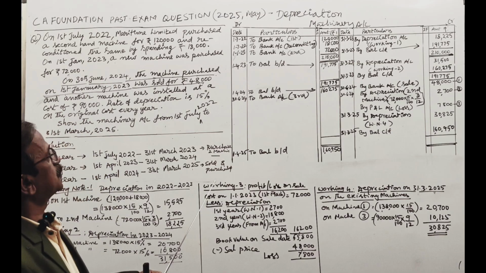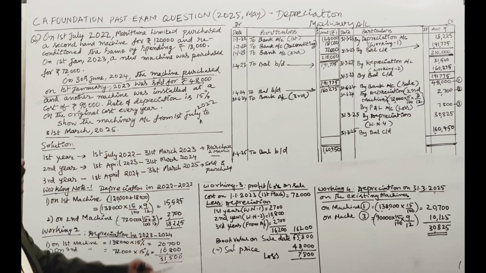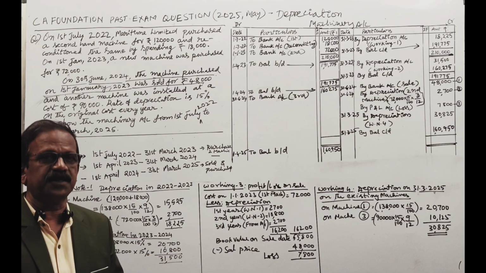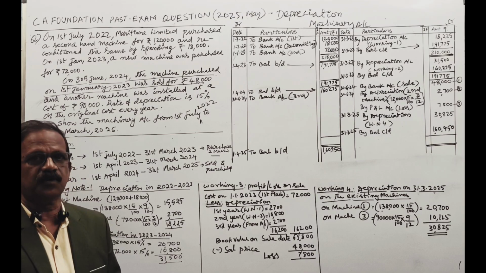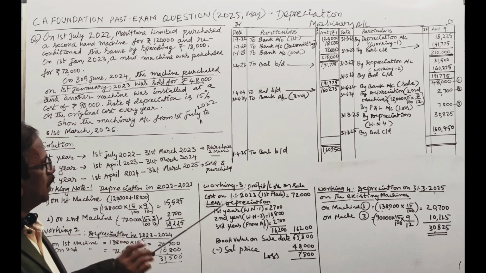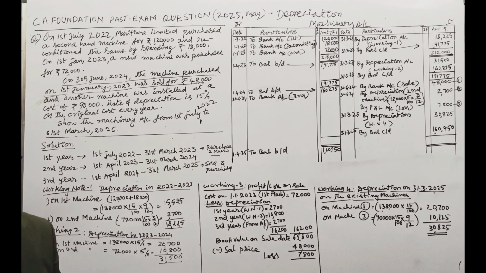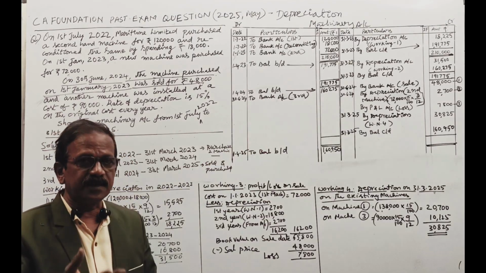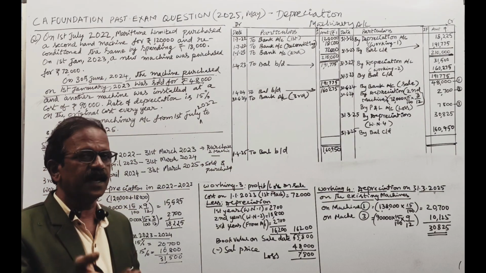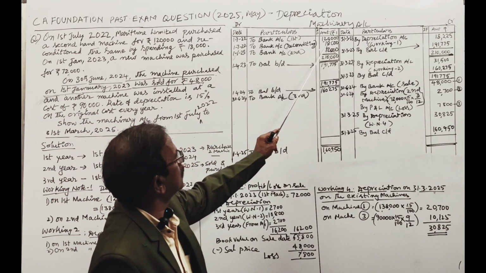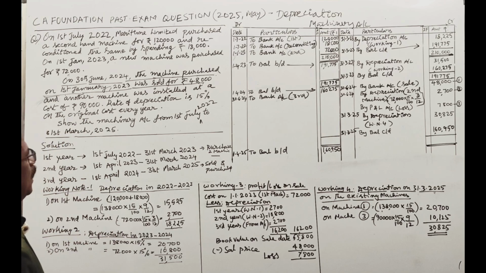Here actually we purchased a second-hand machine for 1,20,000, but in that condition the machine is not working, so we spent 18,000 more. Then only it will work. So to make it work, we have to spend 18,000. This 18,000 will increase the cost of the machine. That's why we are debiting the reconditioning charges also here.